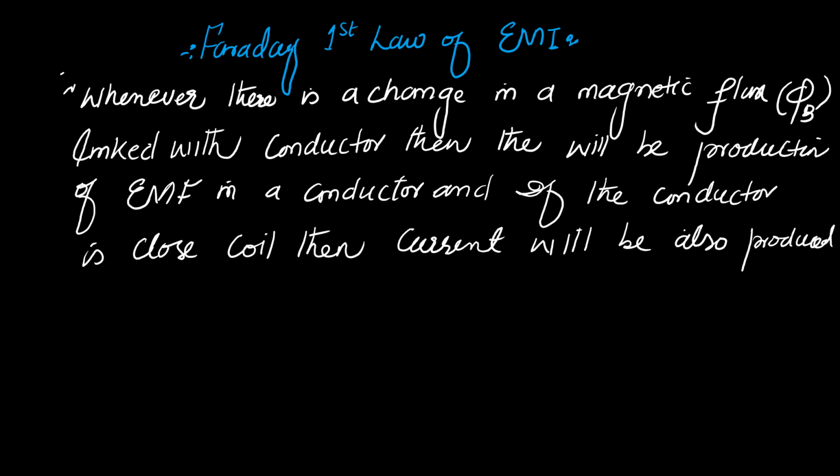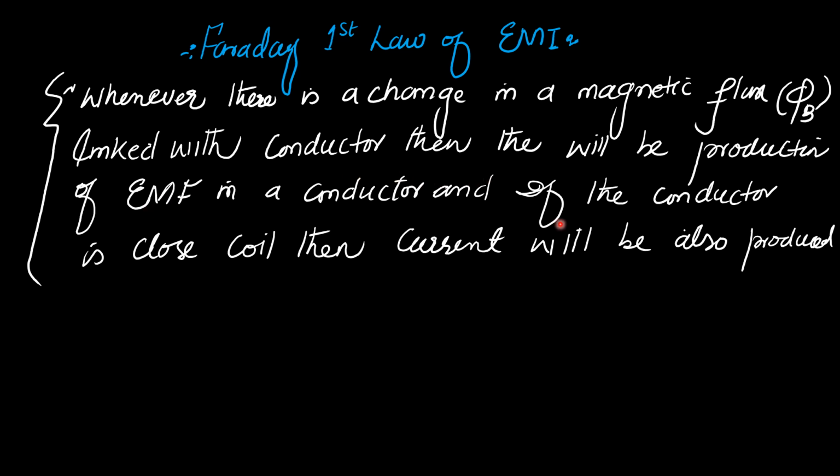So now this is a very important statement. For induced electromotive force in a conductor, it is important to have a change in magnetic flux. Whenever there is a change in magnetic flux near a conducting coil or near a conductor, there will be a production of an electromotive force in the conductor.